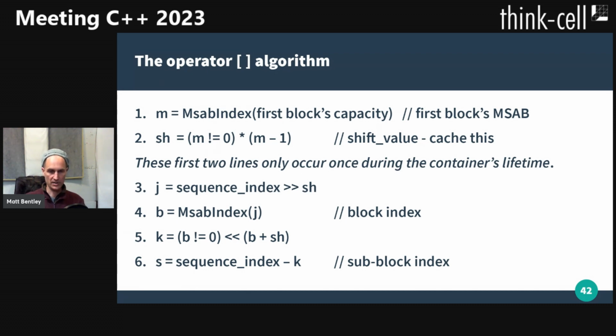Then in the actual operator brackets algorithm, we have j is equal to the sequence index, i.e. what is supplied to the operator brackets algorithm, bit shifted to the right by sh, our shift value. Then b, i.e. the block index, is equal to the most significant active bit index of j. And then k, basically if b is equal to 0, then k is 0. If b is not equal to 0, then k is equal to 1, bit shifted to the left by b, the block index, plus our shift value. And then s, i.e. our sub-block index, is equal to the sequence index minus k.